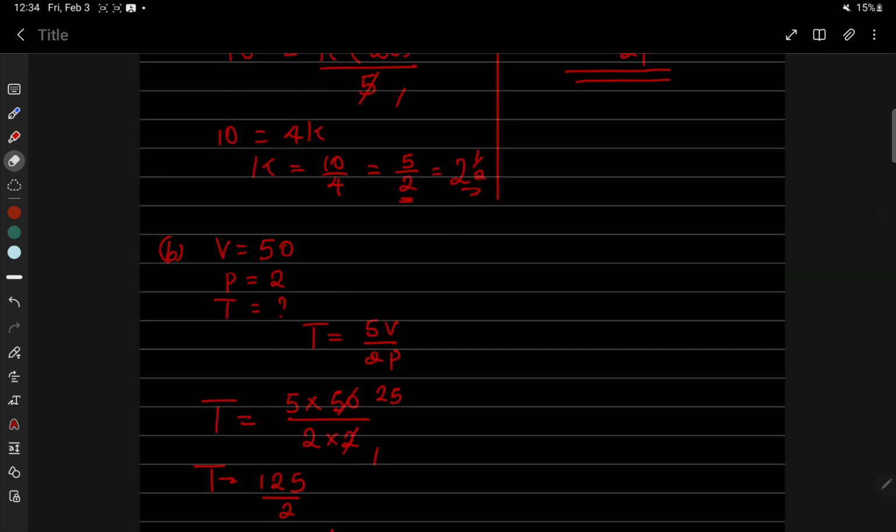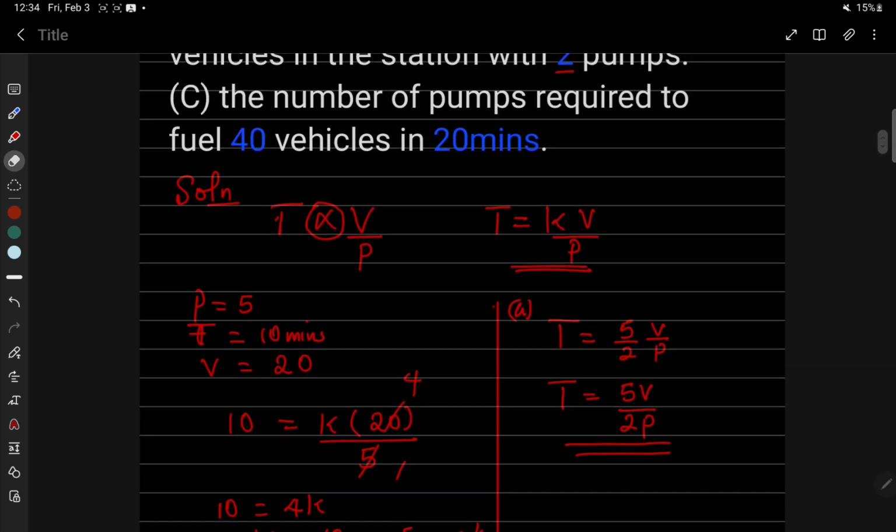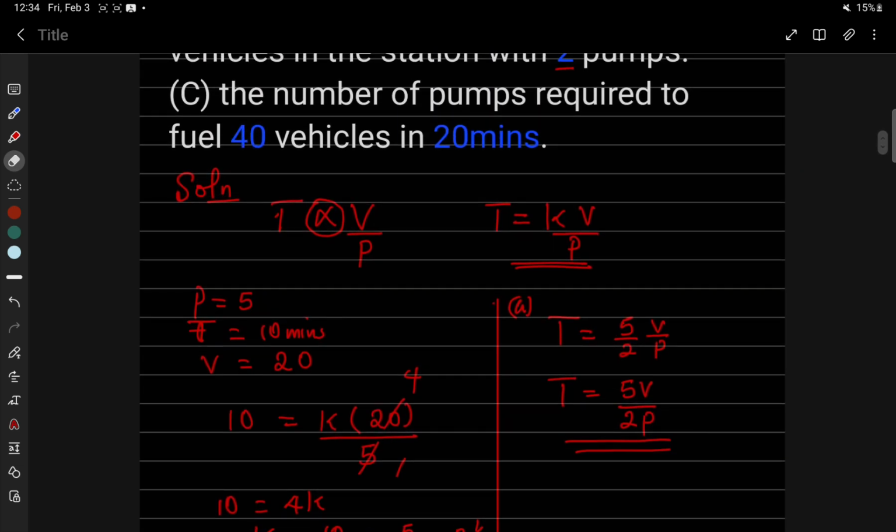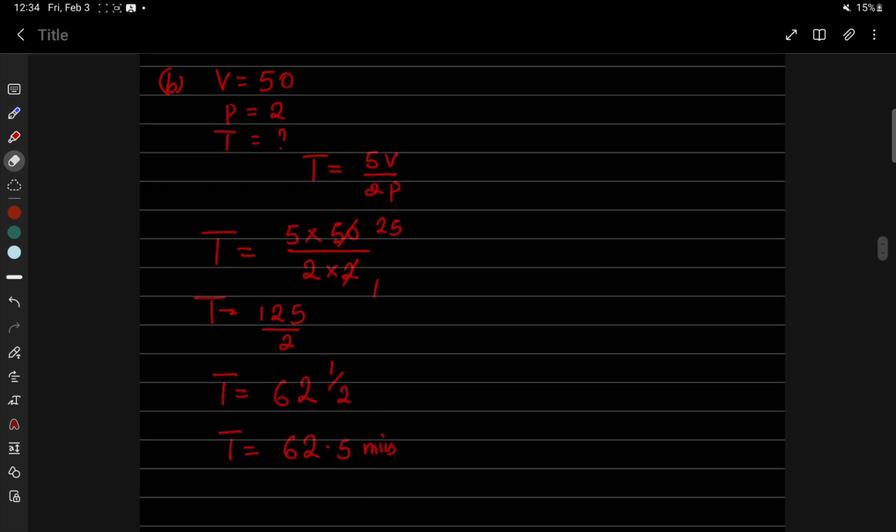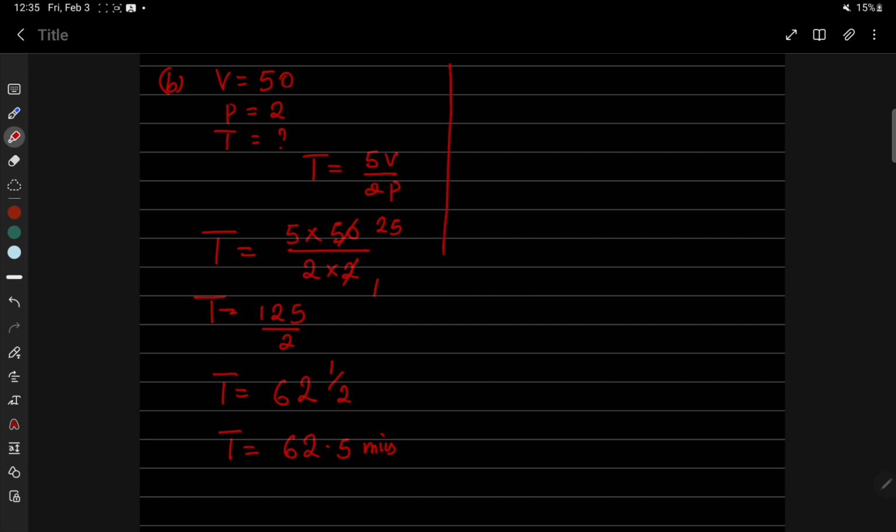Now moving to the C part of the question, it says the number of pumps required to fuel 40 vehicles in 20 minutes. Now, they're very specific in this case, so we are looking for P, that is number of pumps. And this time around, the number of vehicles is 40, and the time is 20 minutes.